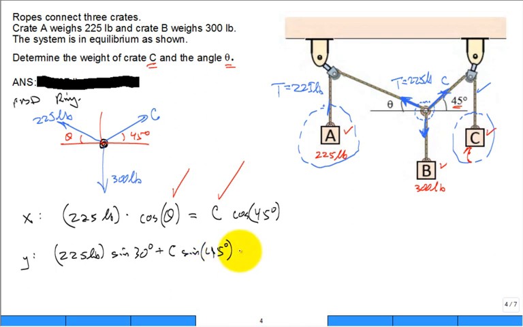And then I have equal to, going down, 300 pounds. Oh, I messed that up, huh? Yeah, this is supposed to be my unknown theta, and this is my 45 degrees. Two equations, two unknowns. How are you going to solve this?